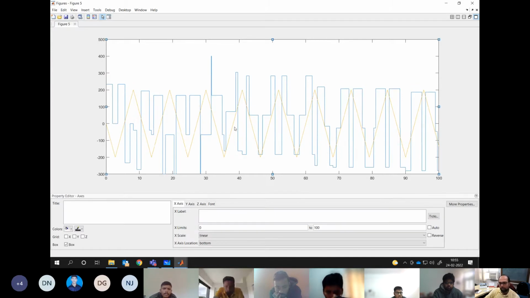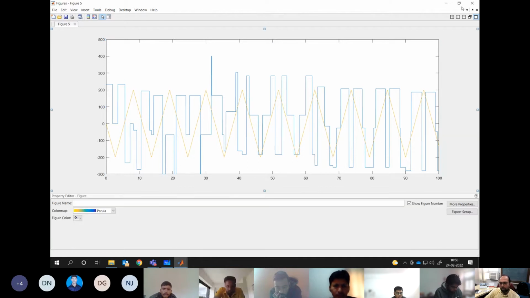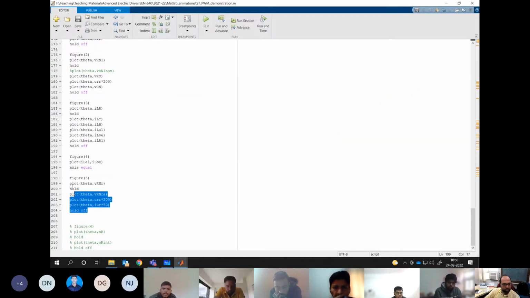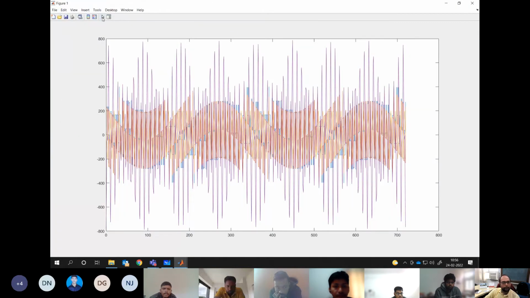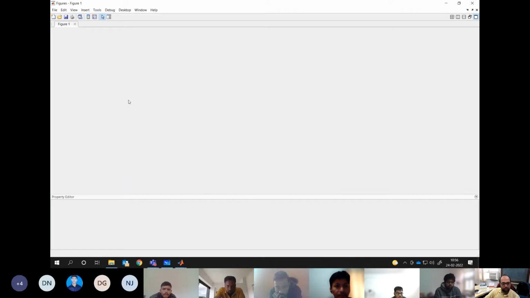So this is what we have observed in our analysis also. Let's say you take one subcycle, this is how the plus minus VDC by 3 and all these levels may come up. Now corresponding to this, we are generating our current ripple. So let's just plot this one only, and get rid of some of the things.